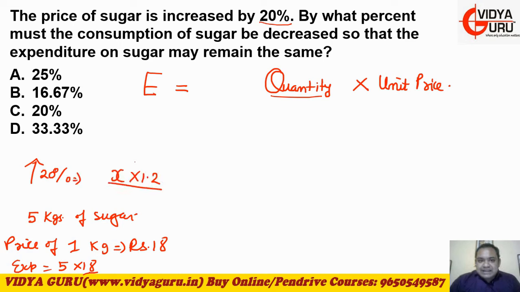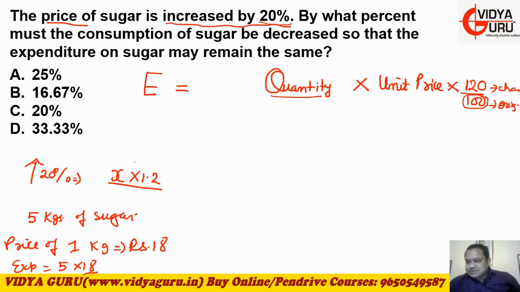So the unit price you have to multiply by 1.2, or you can say 120 by 100. This is 1.2. Please understand the significance of this. If this is the original value, then this is the changed value. 100 becoming 120 signifies an increase by 20%. So that increase is reflected here.